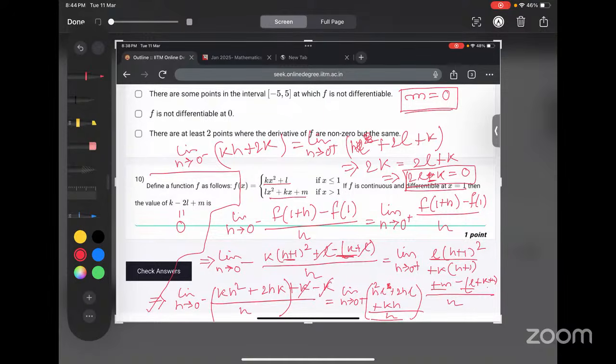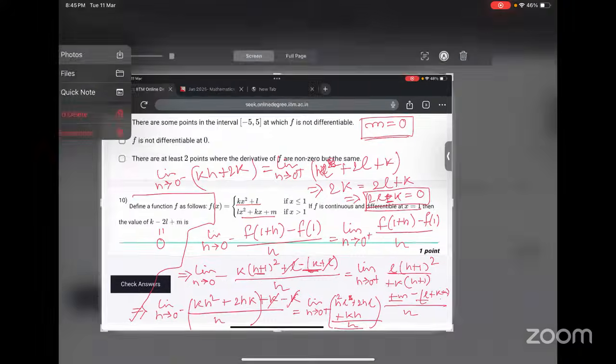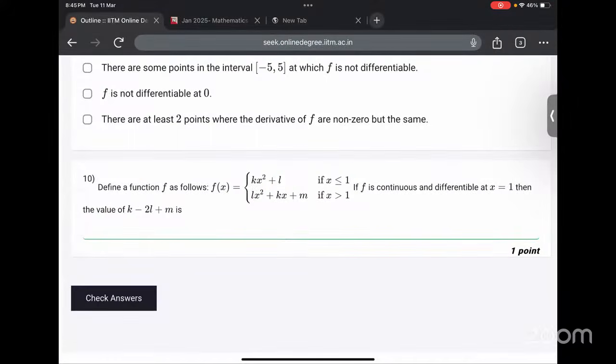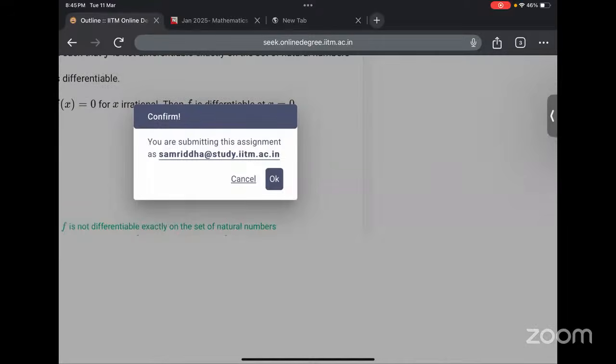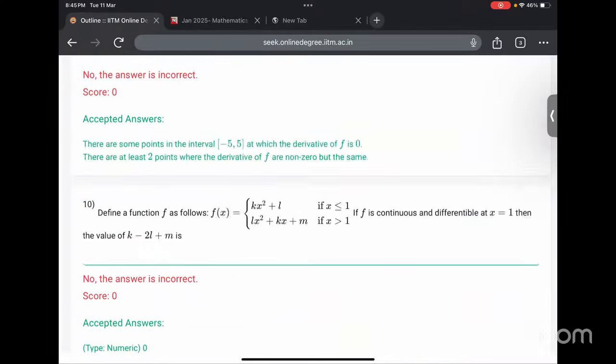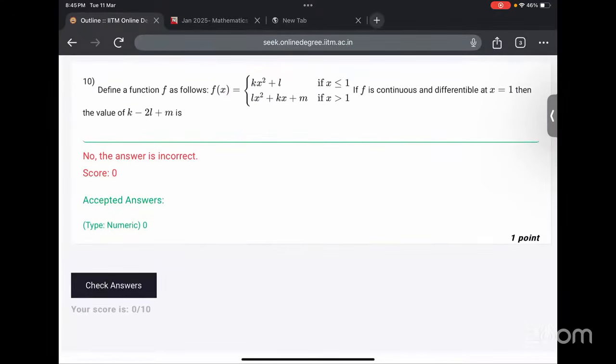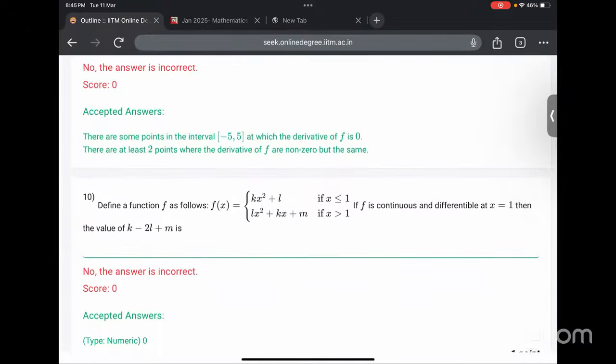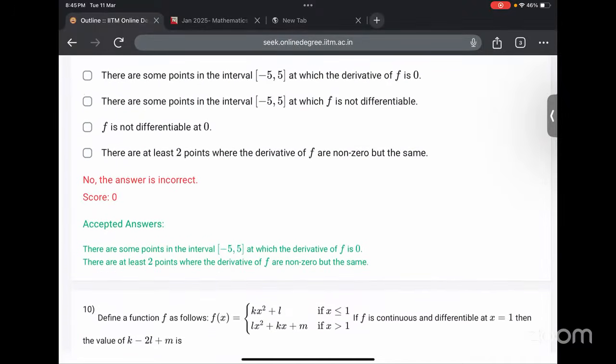No, ma'am. Okay, so it's clear for all of you, right? What about others? Yes, ma'am, it's clear. Okay. Next, we can check the answers also. What is the answer? The answer is 0. So we also found the answer as 0.